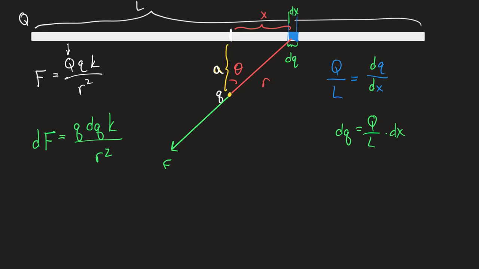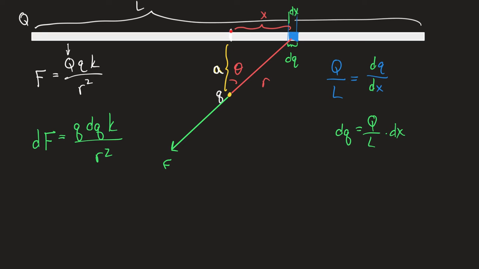You need a set of variables that will tell you where every single piece of charge is. I've decided to use the variables A, theta, and x to tell me where every single piece of charge is. A is going to be the same all the time. The bar is located a perpendicular distance A away.